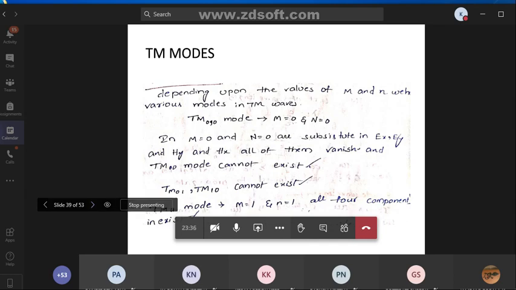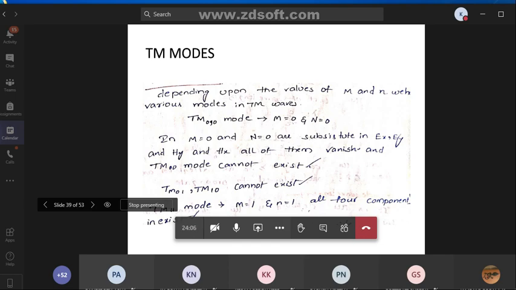Depending on the values of m and n, we have various modes in TM waves, TM suffix m comma n. In the place of m, if you substitute 0 and in the place of n, if you substitute 0, then you will get Ex equal to 0. Similarly, Ey equal to 0, Hx equal to 0 and Hy equal to 0.